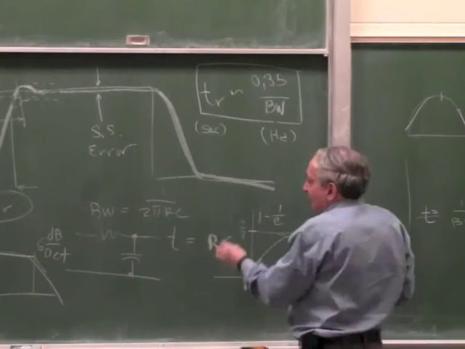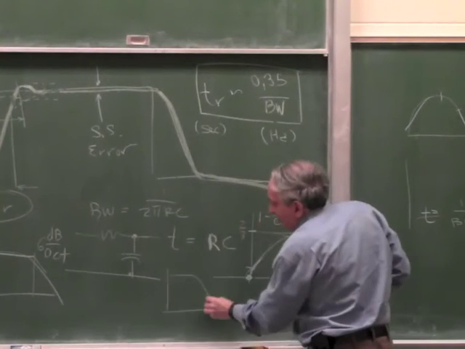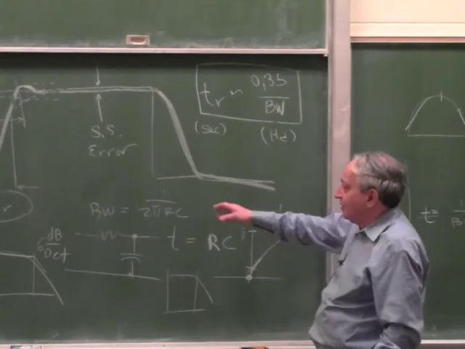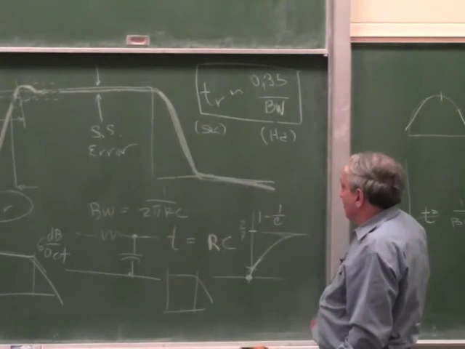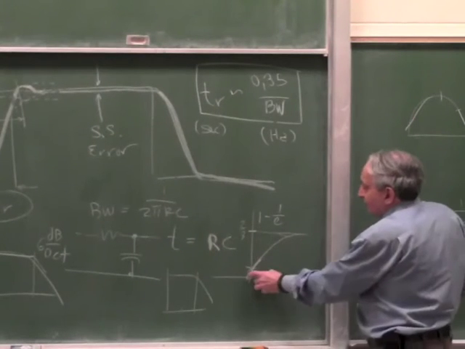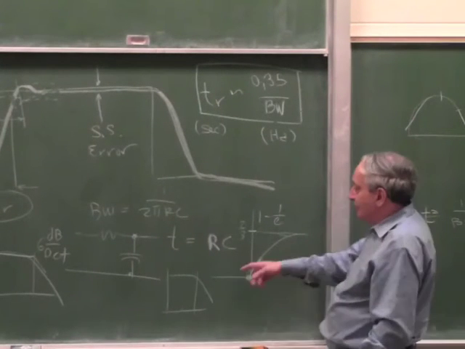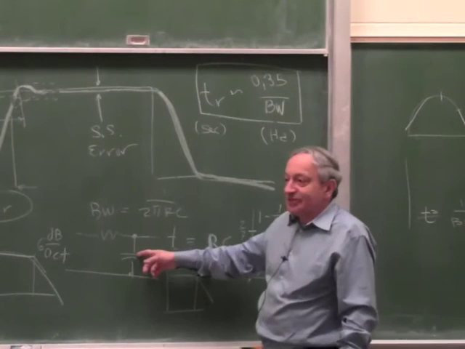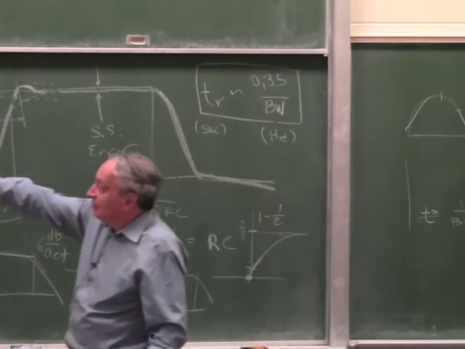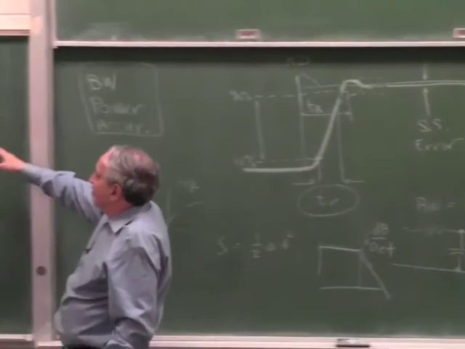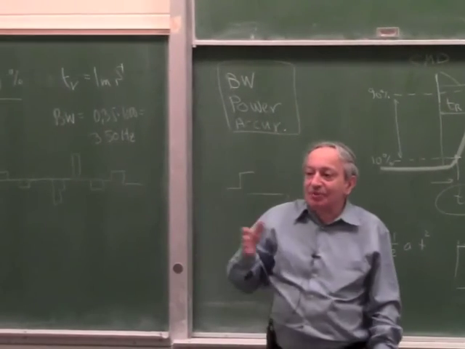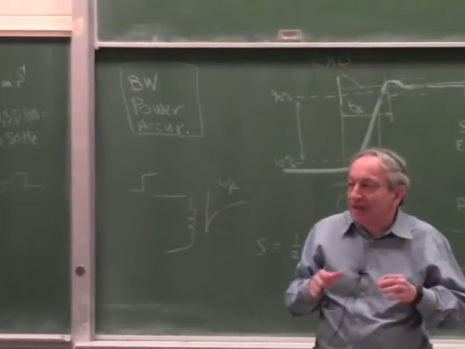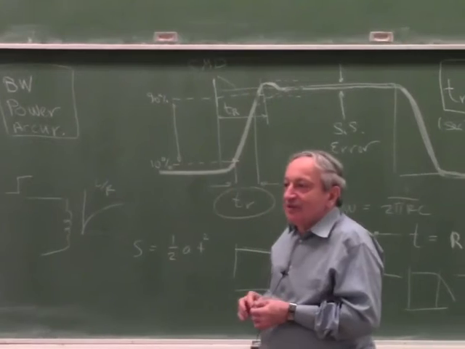Because the 3 dB point of a simple system can be calculated, so you know the bandwidth. Now you know the formula for this, so you can calculate the rise time, so you can derive it from that by comparing the rise time to the 3 dB point of the system, and then you get this number. But what is interesting is that this number works not just for a simple RC, it's a very good guideline for all servo systems.